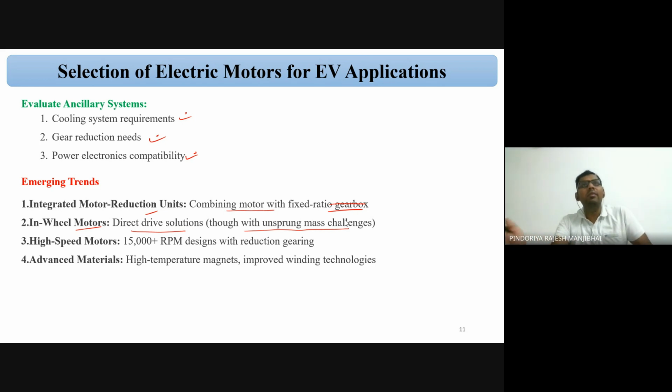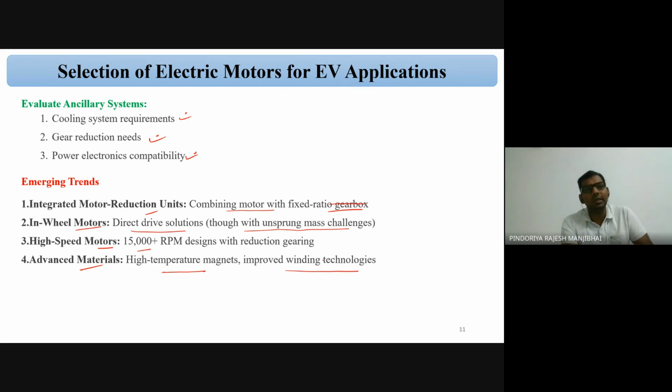So, the rear wheel and the front wheel, depending on your power rating, we can use a motor on every wheel, correct? High-speed motors, maybe more than 15,000 rpm, designed with reduction gearing. And advanced materials, like high-temperature magnets and improved winding technologies, correct?